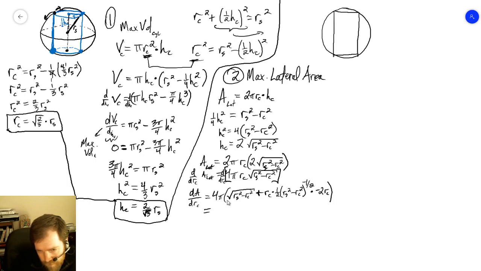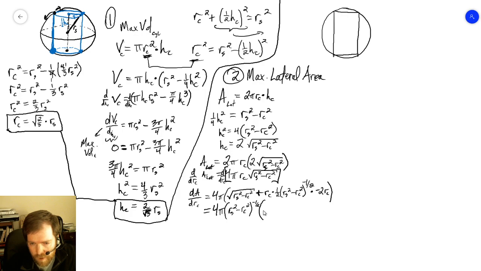All right, so we got this equal to 4 pi is going to be the multiplier for all this stuff. And also, we can take rs squared minus rc squared raised to the negative 1/2 out, just like we did last time. This is then going to pull that out of here, which raises the power, because again we're taking a power negative 1/2 and subtracting it out, or factoring it out, which subtracts your exponents.